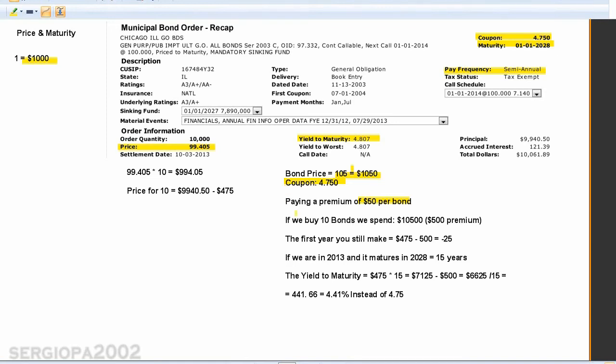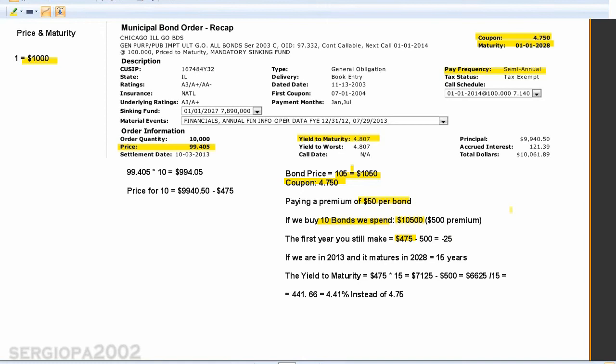Okay. So let's say we also buy 10 bonds, the same amount we did before. So we had to pay $10,500, which is a $500 premium. Now, the first year you're still making the same coupon here, and since the interest is calculated based on the price of $1,000, you are still getting the same interest of $475 a year with this specific coupon.